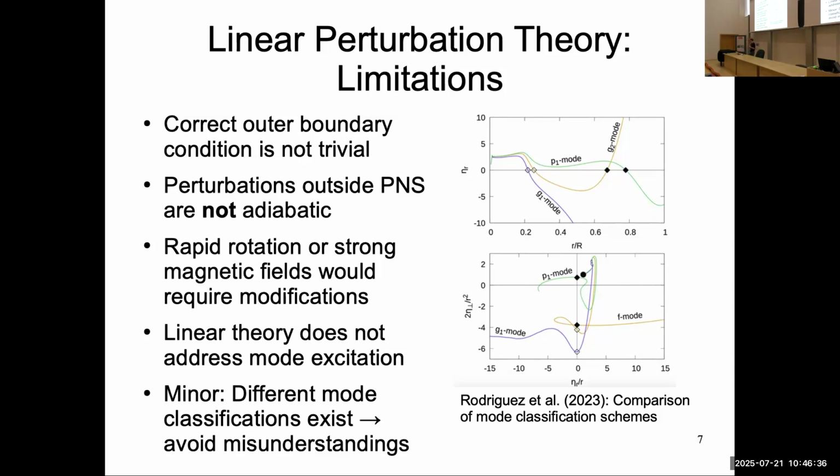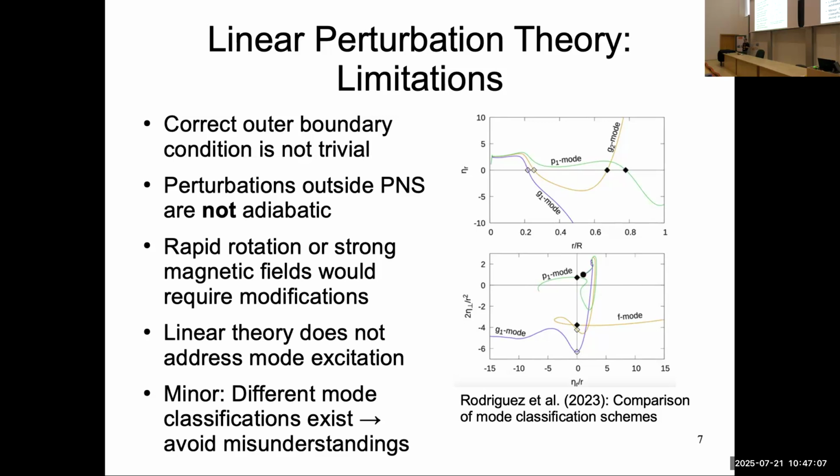Another thing that also comes about, and this is something I just wanted to get out of the way, is that when you classify modes and give them names like F mode or 1G2 or 2G2 mode, the classification schemes for the modes are classified into oscillation modes where the restoring force is buoyancy, or oscillation modes where the restoring force is pressure.